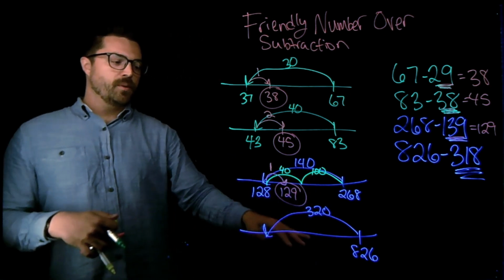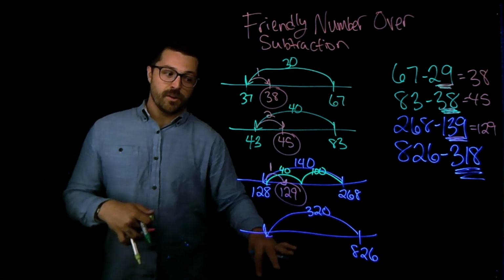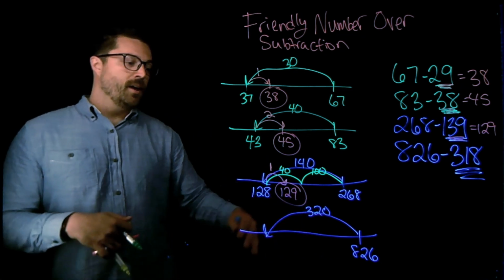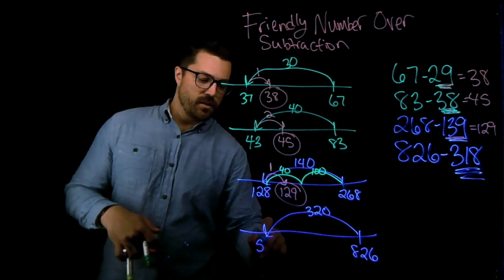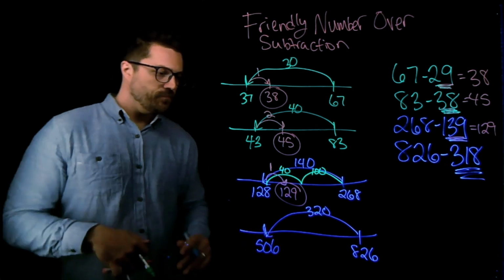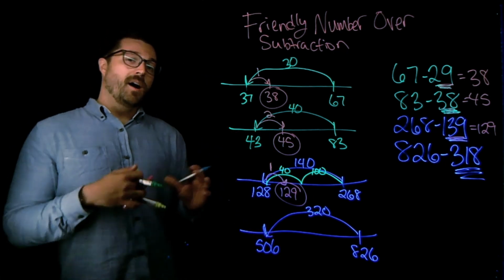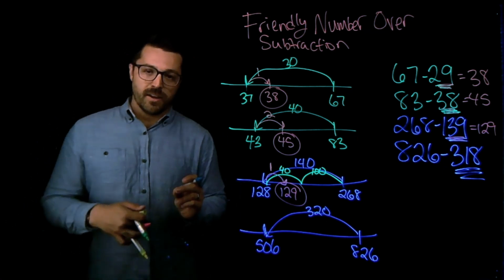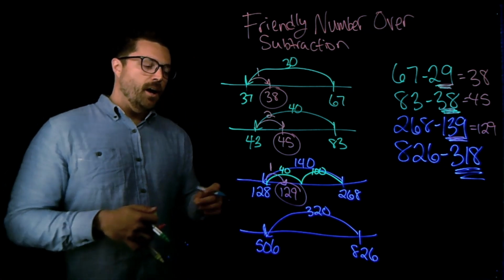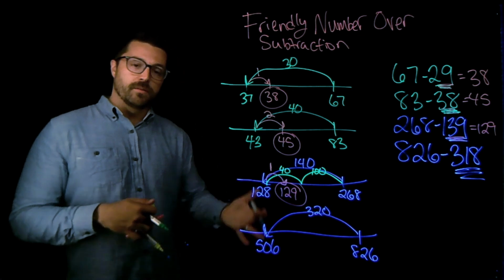If we take the 300 away, that would be 500. Taking the 20 away makes it 506. Again, the idea with these reasoning strategies is we're modifying and manipulating them just enough that it makes it a little more friendly, a little easier to do almost mentally.